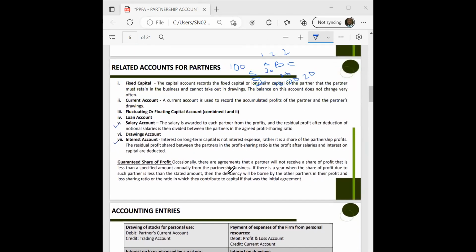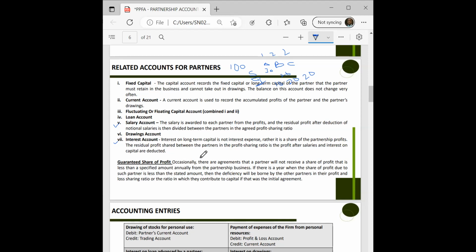So let's look at guaranteed share of profit. Sometimes some partners will say, for me to join you guys, I must be guaranteed that the profit I'll be earning every year will not be less than 20,000 or 20 million. It depends on what they've sold to the guy.